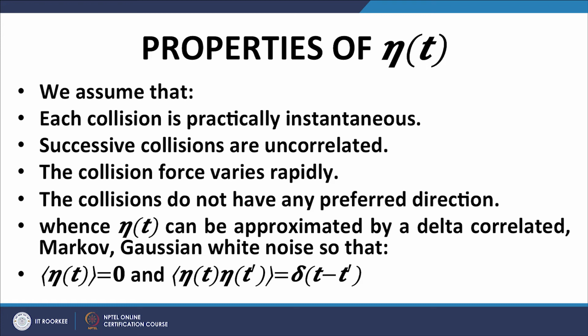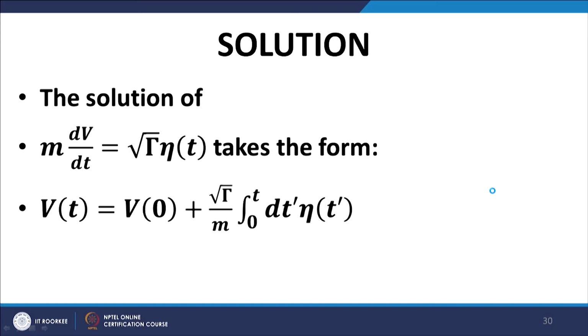The average of eta t over an ensemble is 0, and the autocorrelation function of eta t is also a delta function. Eta t is delta correlated in time. What is the solution of this equation? The solution is relatively straightforward.